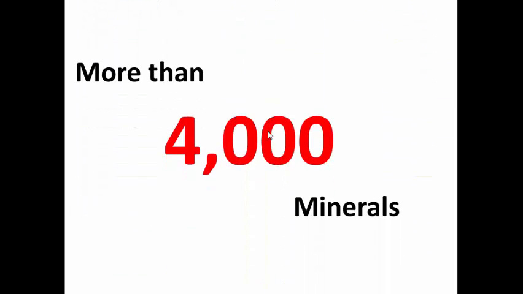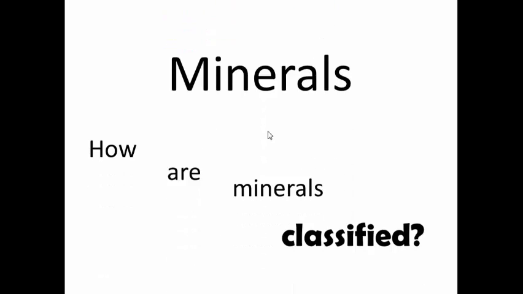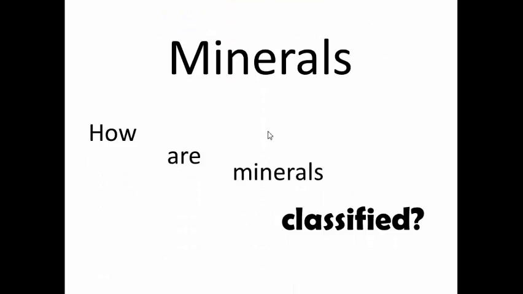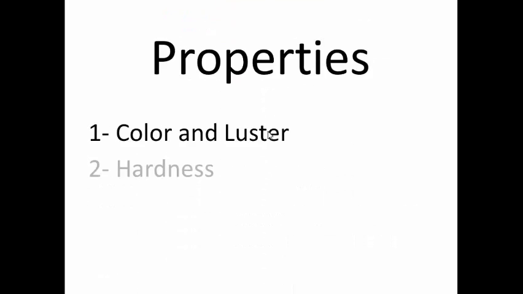Also, we learned that there are more than 4,000 minerals, and we learned how to classify these minerals according to 4 properties. The first one is color and luster, and the second one is hardness. We finished the first and second properties. Right now, let's start with the third one, which is streak.